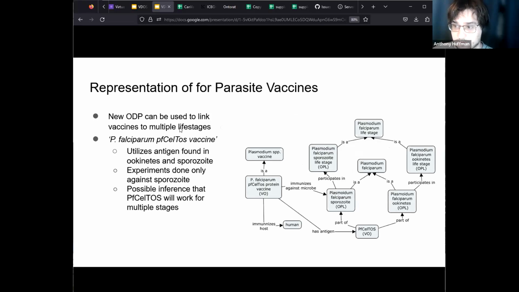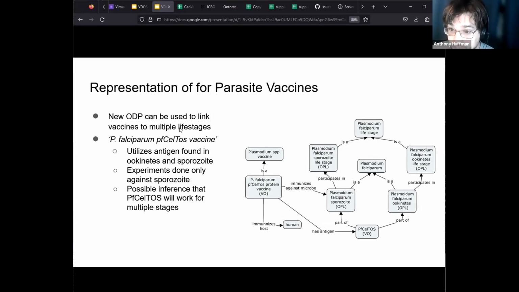If we were to look at a practical example using the CelTOS vaccine, we can see that the Plasmodium falciparum PfCelTOS protein vaccine utilizes the CelTOS protein, which is found in two different Plasmodium life stages, that of the sporozoite and that of the ookinete.